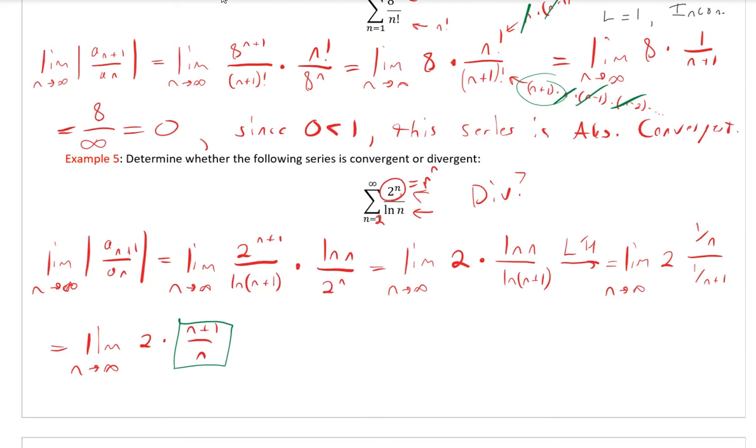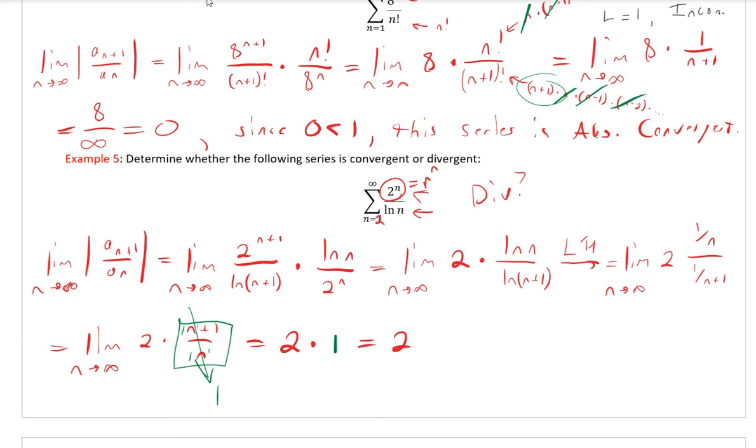And now we know what that definitely goes to by the leading terms test. They both have the same leading power of 1. So we know that this should go to 1 itself. That means that this becomes 2 times 1, so this overall limit evaluates to 2.